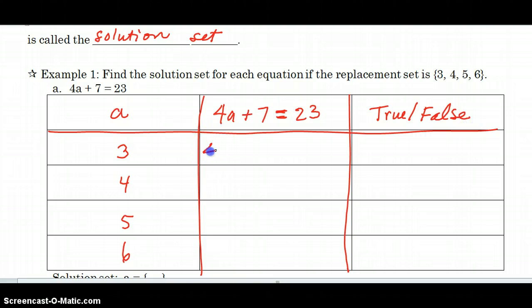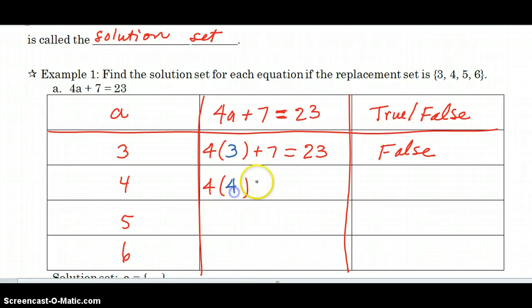Alright, and we're going to be checking to see if it's true or false. In other words, when I replace a with 3, do I get 23? 4 times 3 is 12, and 12 plus 7 is not 23, so that would be false. 4 times 4 is 16, plus 7, and that is 23, so that is true.